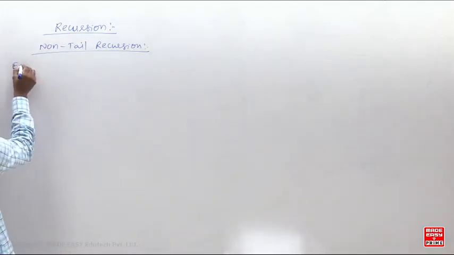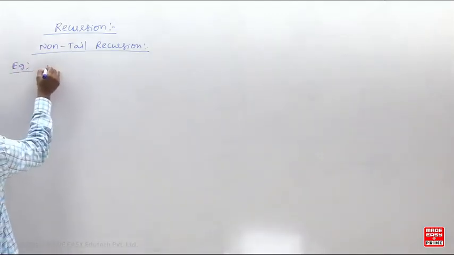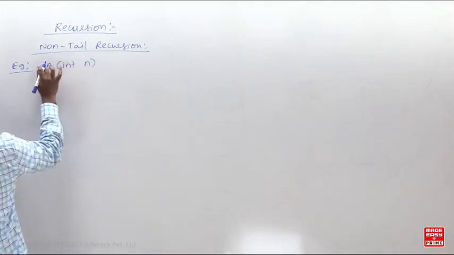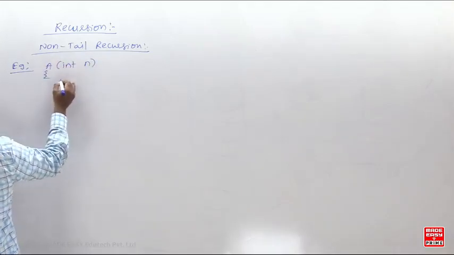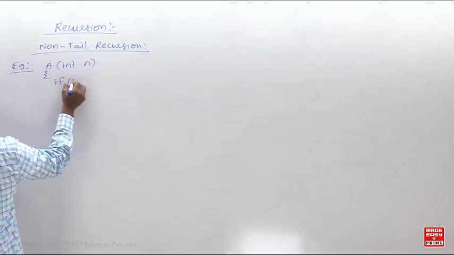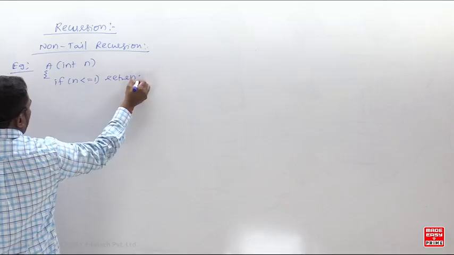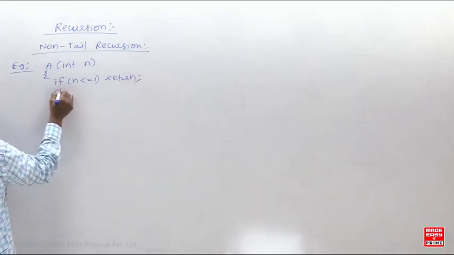There are so many questions based on this. It is very easy, right? Integer, you are calling the function a, integer n. If n less than or equal to 1, return. Copy this.